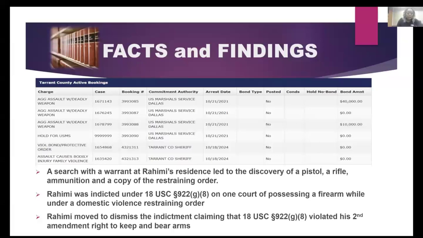Rahimi was indicated to have been in possession of a firearm while under a domestic violence protective order. And he decided to fight this case because of the conviction related to the violation of the protective order, specifically around him possessing a firearm. Next slide.